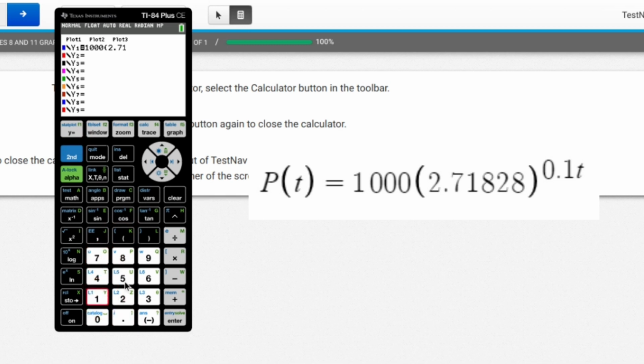It looks like a very familiar number, but I'm going to pretend that I don't know what number that is. To the 0.1, instead of t, we're going to use x. This is an exponential function. Graph, we're not going to see anything. So if I want to change my window, since we kind of start out at the 1,000 territory, if I change my window to like an x min of around 1,000, no.